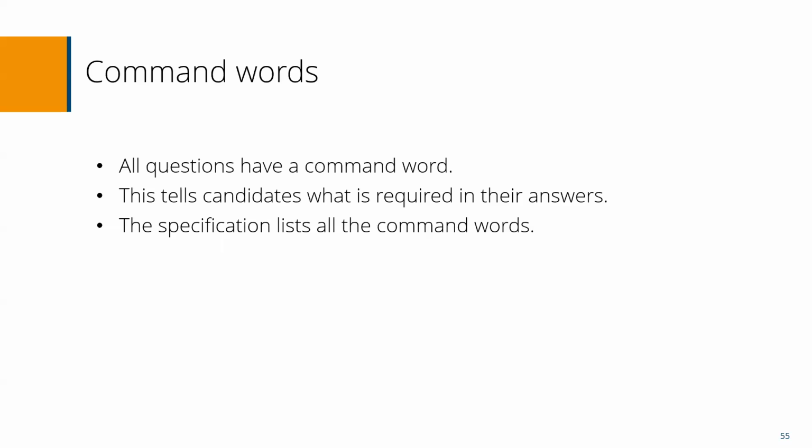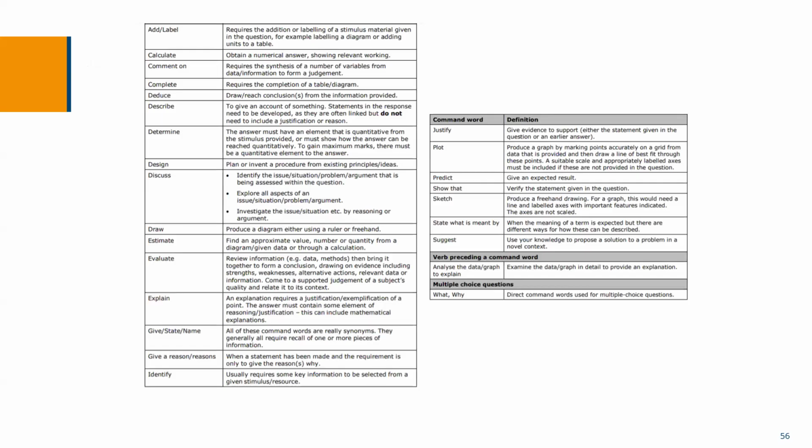So I've been referring to these sort of command words as we've gone through. The command word is a word at the start of the question, and it's important that the students understand them. In the specification, it's Appendix 5, at the back. It lists all the command words. I would print this off and give it to them and stress the importance of understanding the command words.